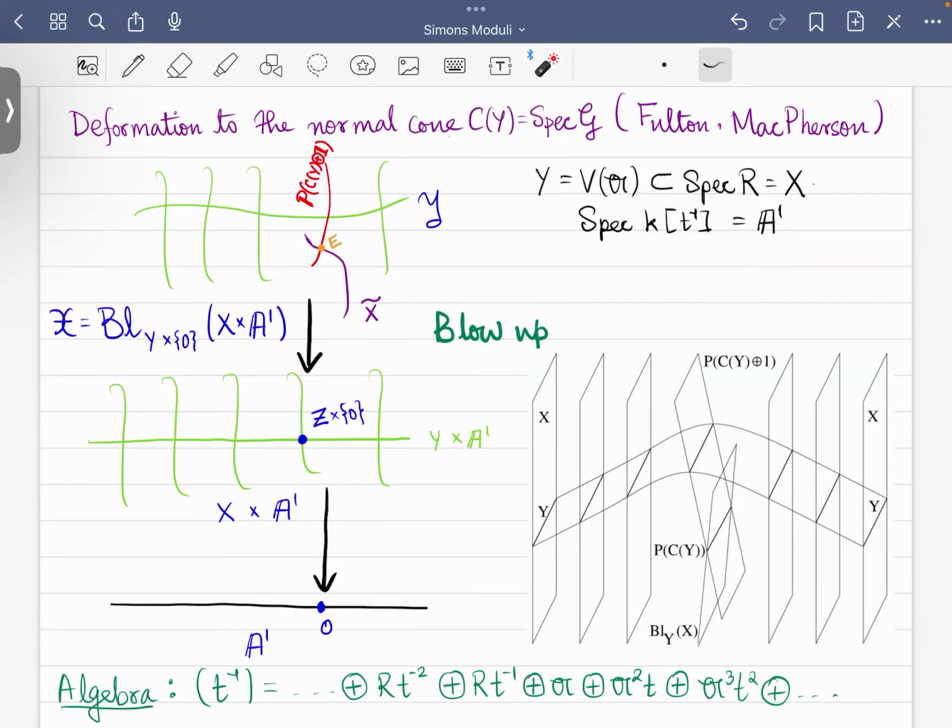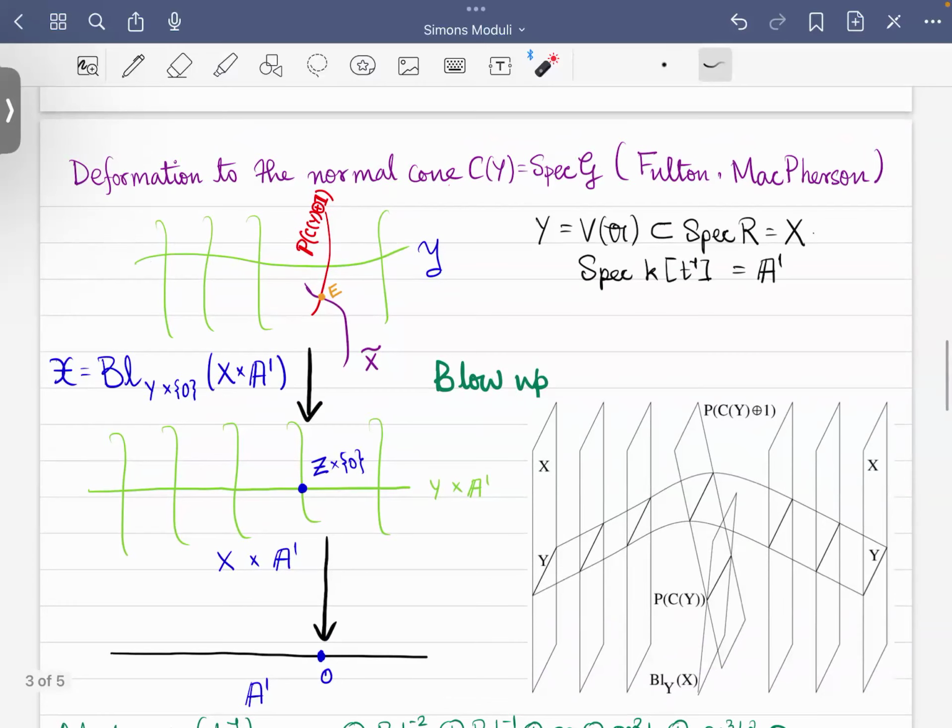And here is the picture. So this is my X cross A^1. Inside that I have Y cross A^1. I am blowing that up. And this is my exceptional divisor of the blow up. And the zeroth fiber is a union of these two things.